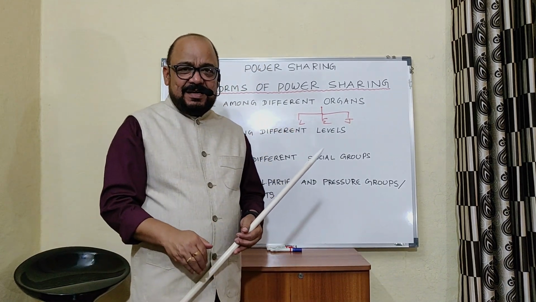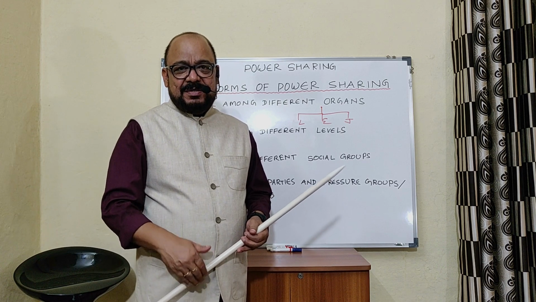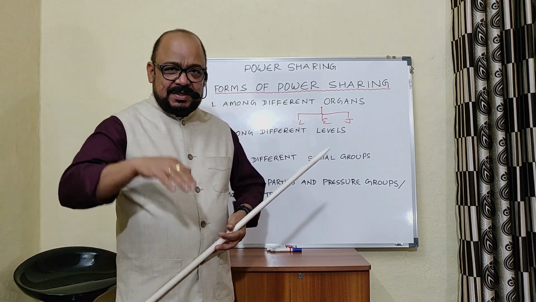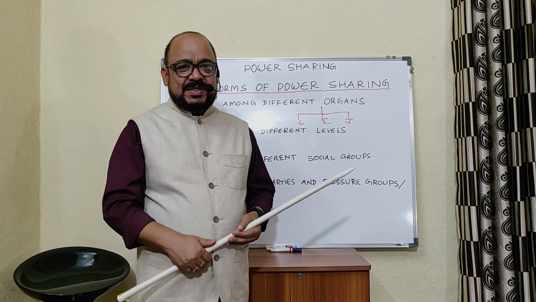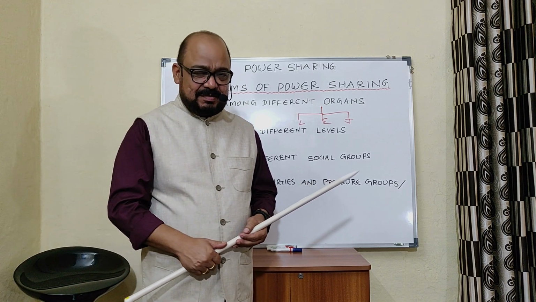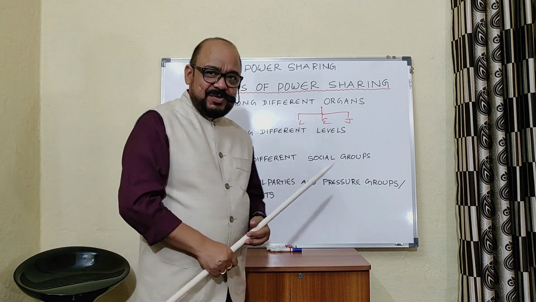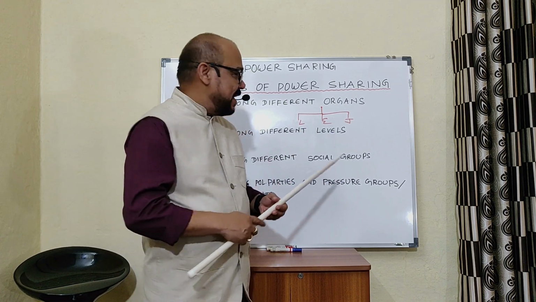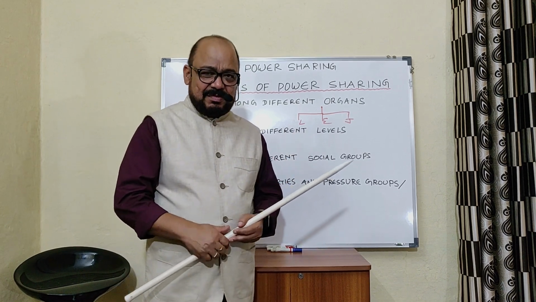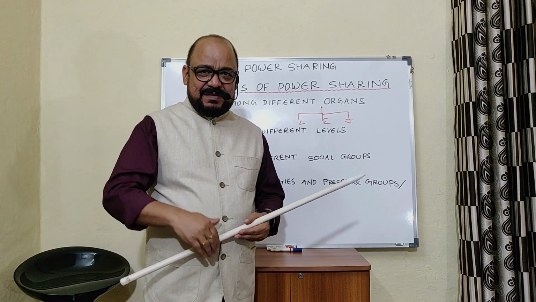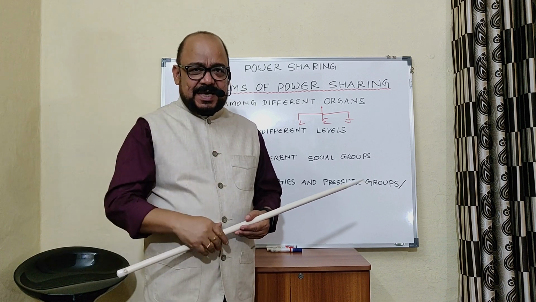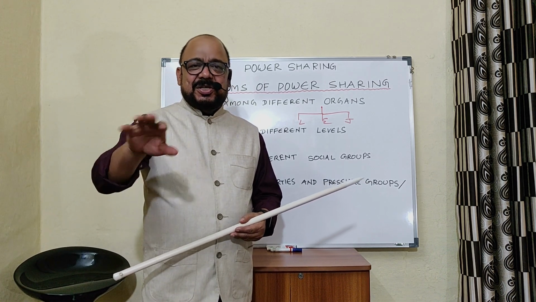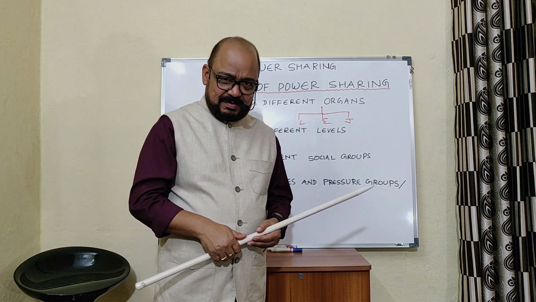Legislature in India is called Parliament or Sansad. It has three parts: the President, the Rajya Sabha, the Lok Sabha, right? Executive implements the law made by the legislature, right? In executive, the President of India is at the top, then the Prime Minister and the Central Council of Ministers, right?